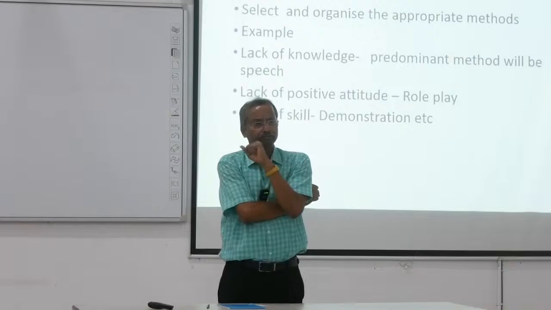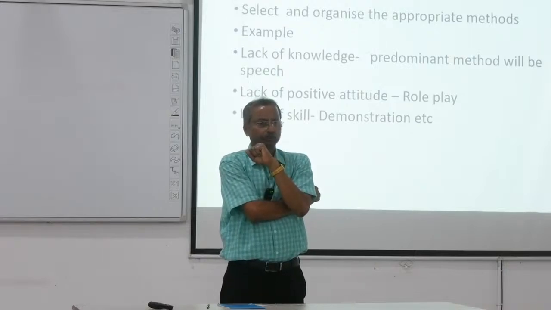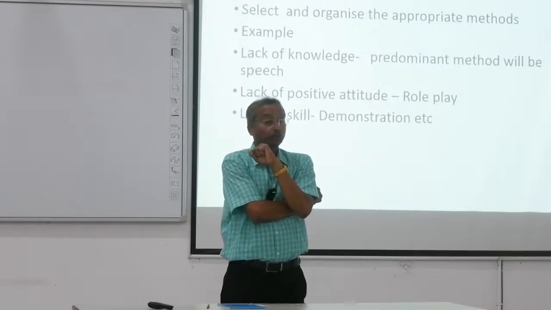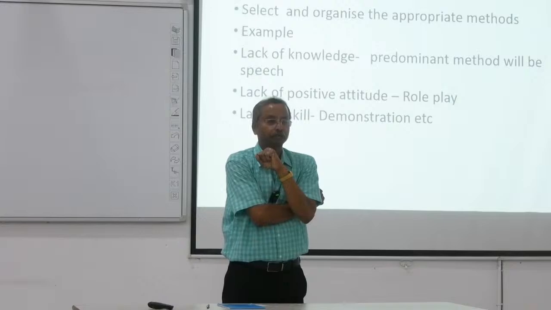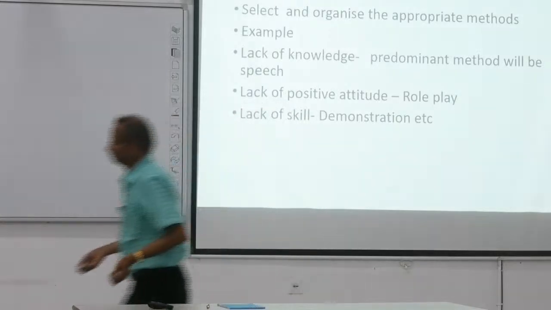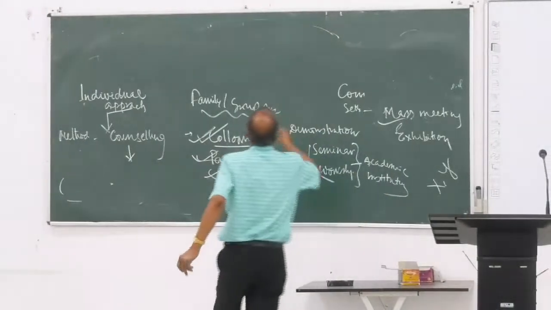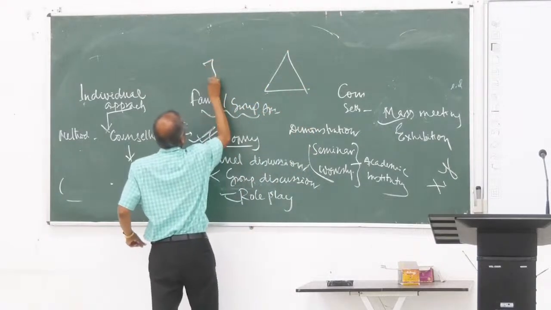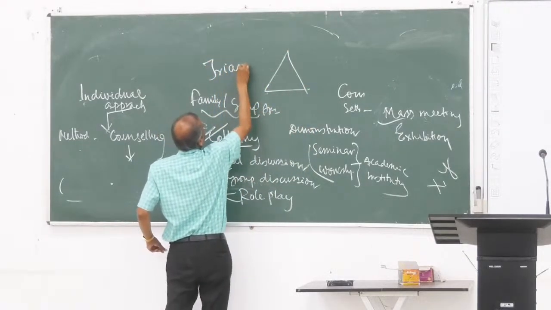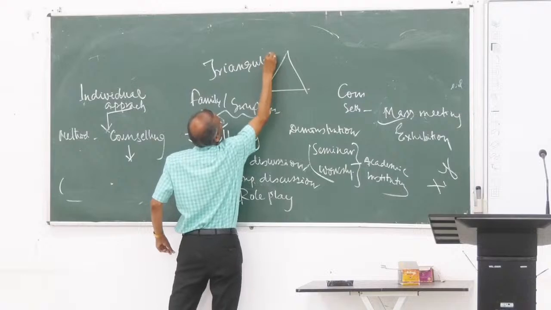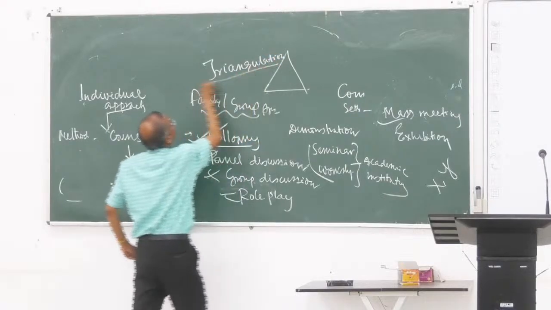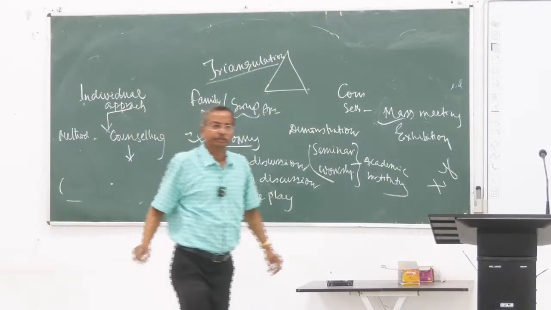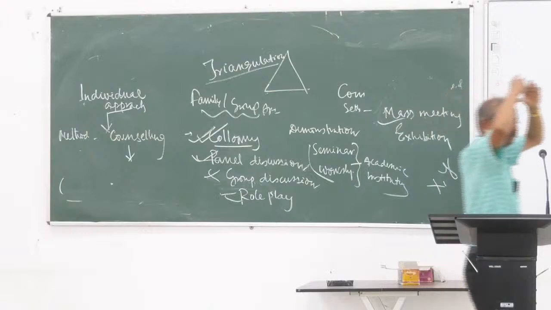You have to send a worker to collect information. How to collect information? Through, what is the terminology? Yes, triangulation. From 3 sources you can collect information.